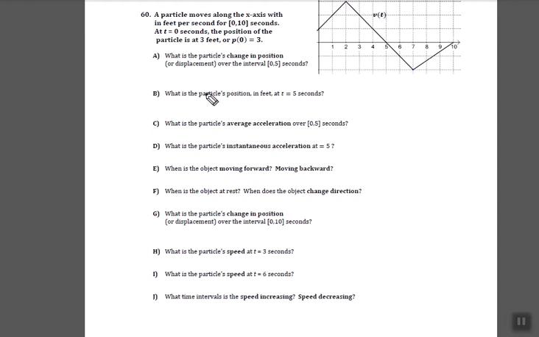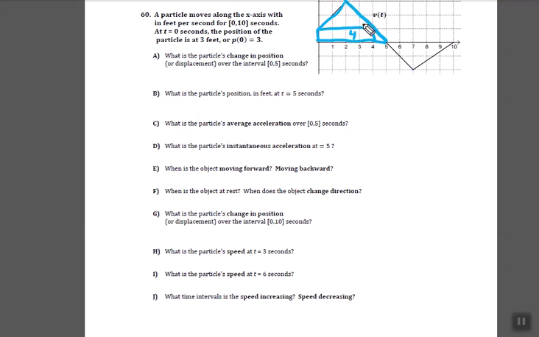So A is asking you about a change in position, which just means displacement, and you're going to figure that out by getting the area of this whole shape. So remember to break this up into easy shapes if you can. Maybe cut it here so that you've got a little rectangle, 1, 2, 3, 4 here.